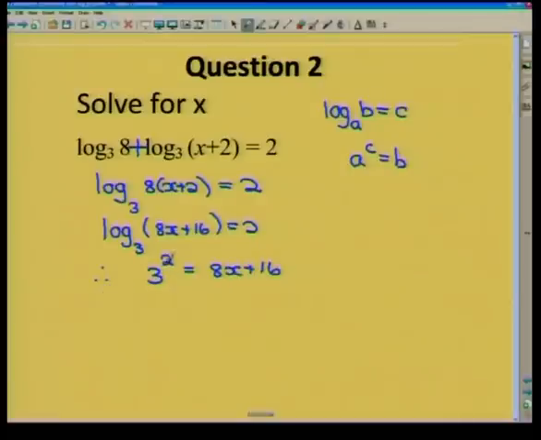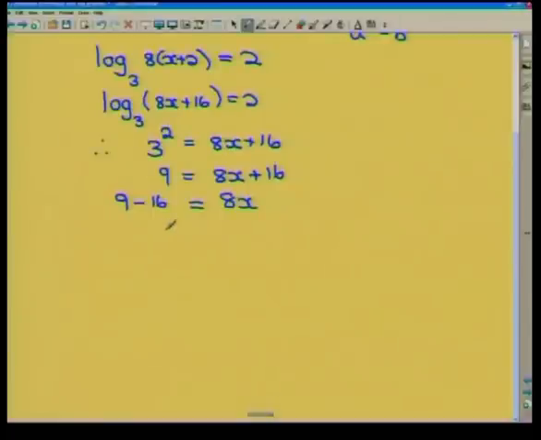Right, now we know that 3 squared is 9 equals 8x plus 16, which means 8x equals 9 minus 16. Now notice what I'm doing, I'm spinning it around because in maths you can read left to right or right to left: 8x equals 9 minus 16, which gives me minus 7.